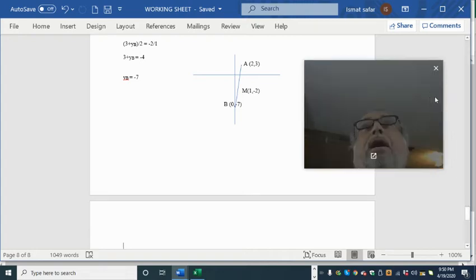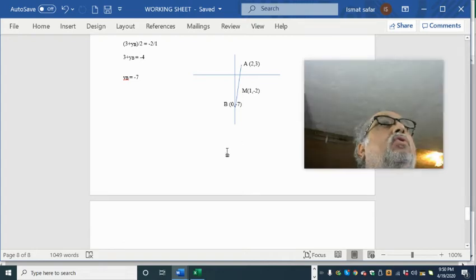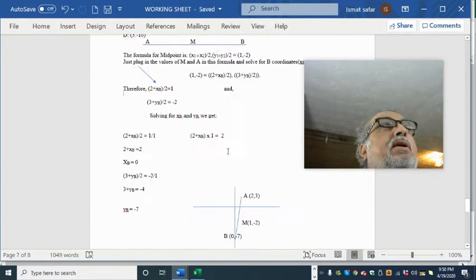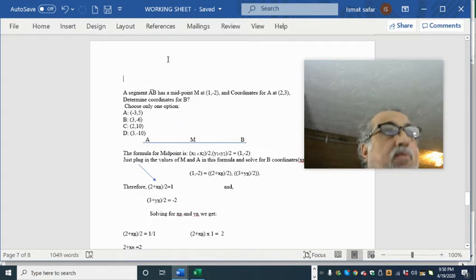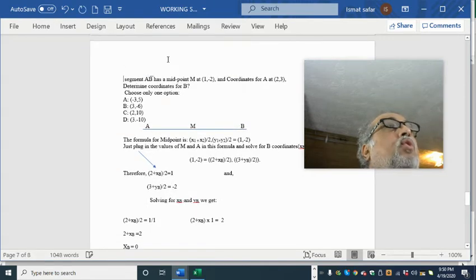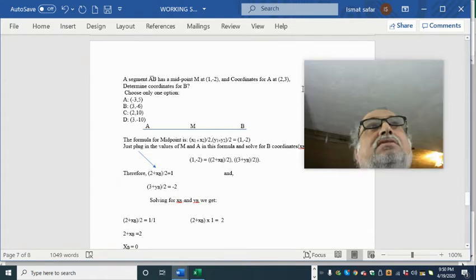Hi again. I'm going to do another midpoint and segment exercise, like we did last video. This is another exercise to reinforce the last problem we had about the midpoint.